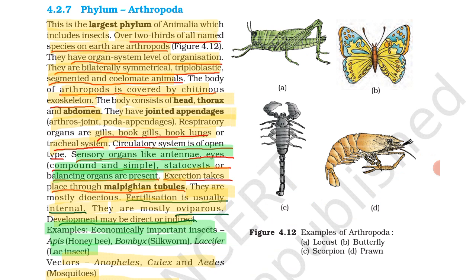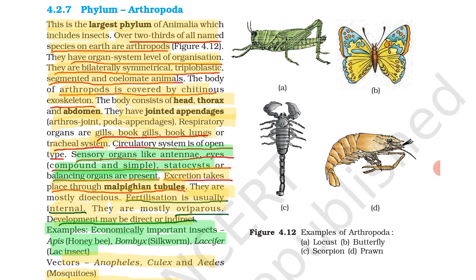Eyes may be compound or simple. See, in prawns also we can see the antennae clearly. Most clearly antennae can be seen in locust. We have two antennae arising from the orbits of the eye, and the antennae work as sensory organs in these insects, that is, in arthropods.